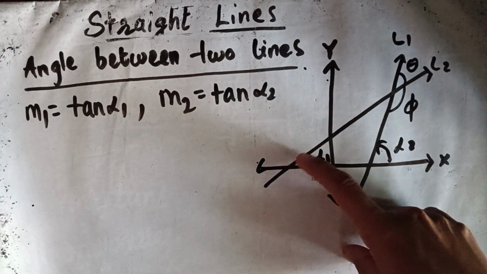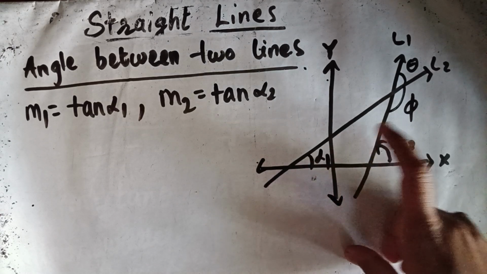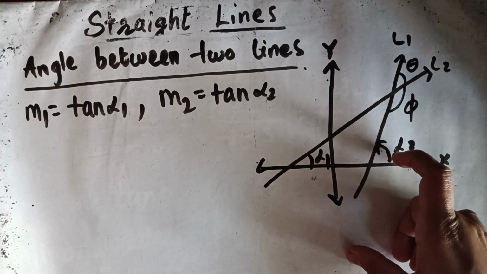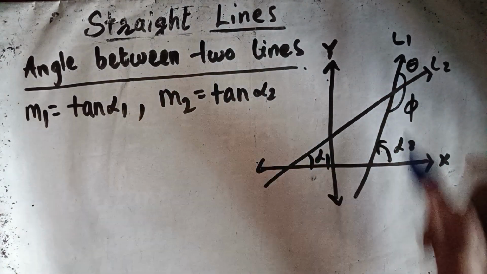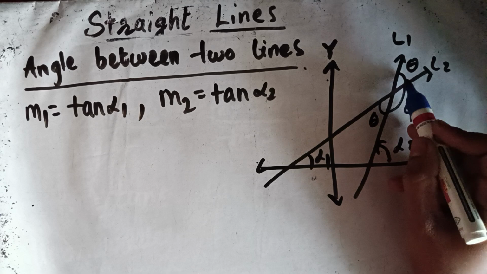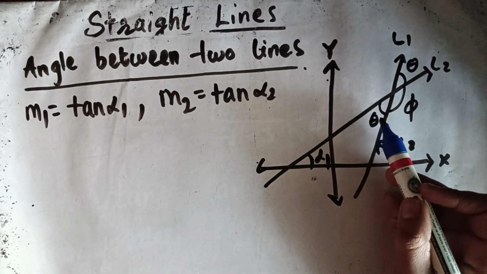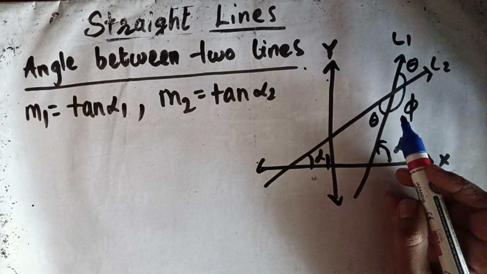Now, if you look here, this is a triangle, right? So this is alpha 2 plus theta. This is theta. These are vertically opposite angles. And this is 180 minus alpha 1.